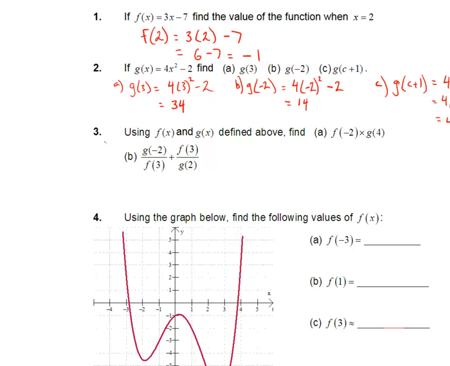In example 3, we're asked to use the functions f and g from above to find two things here. After we find the functional values, we need to multiply, and here we divide and add. f of minus 2 we'll need to find first, so we'll work on the side over here. Remember, the function we're using for f is up here, and g is over here.